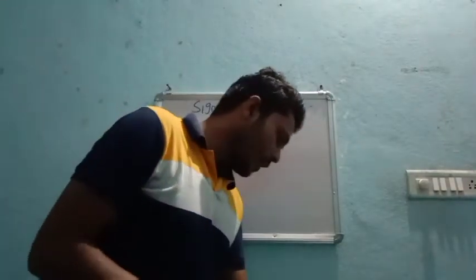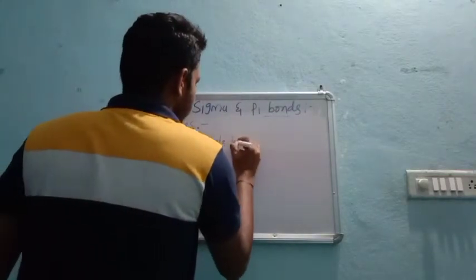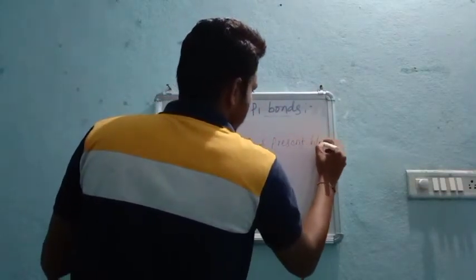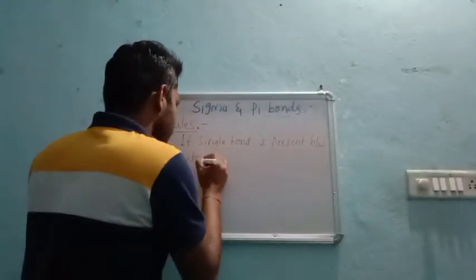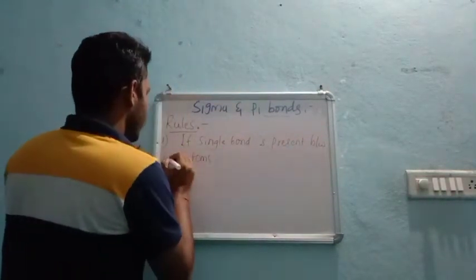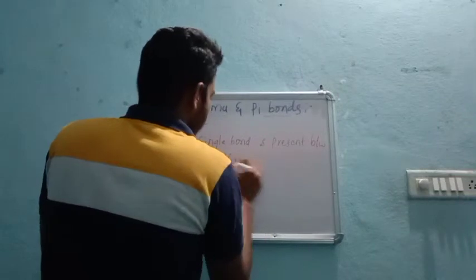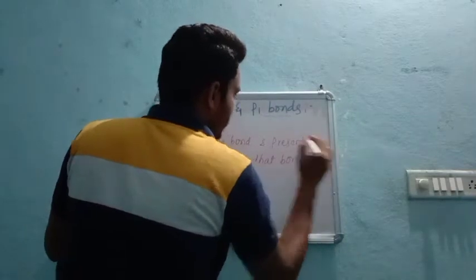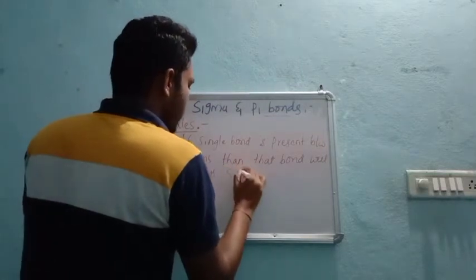In the first rule, if a single bond is present between two atoms, then that bond will always be what? Sigma bond.